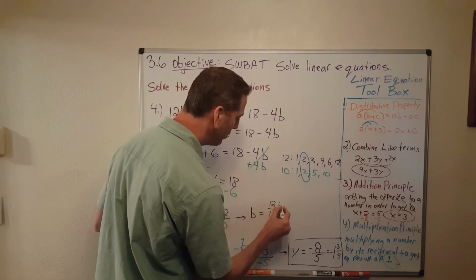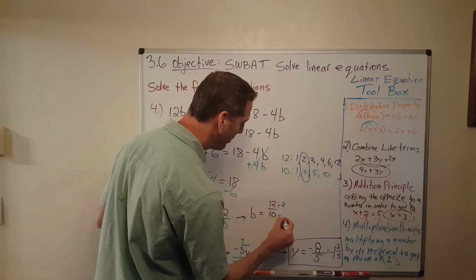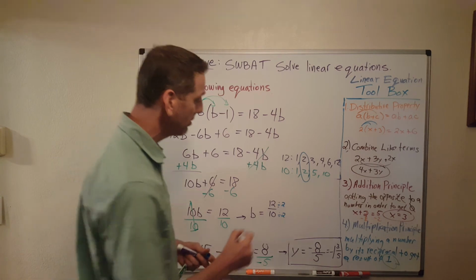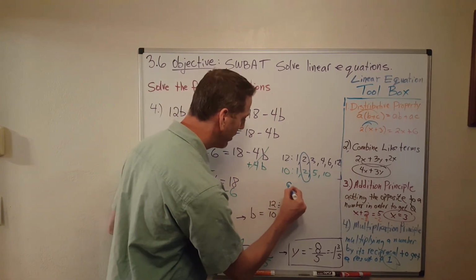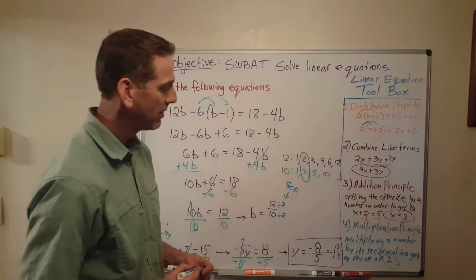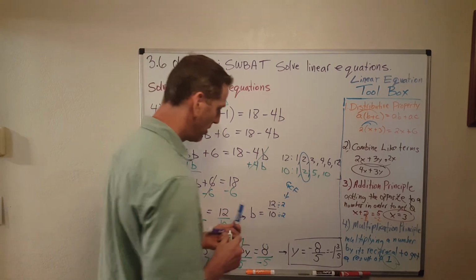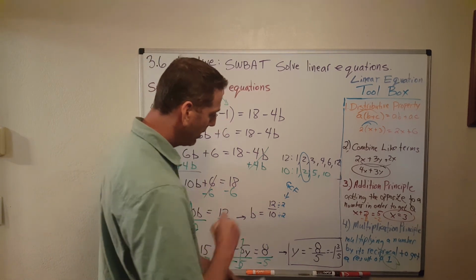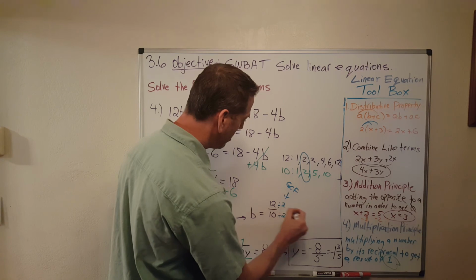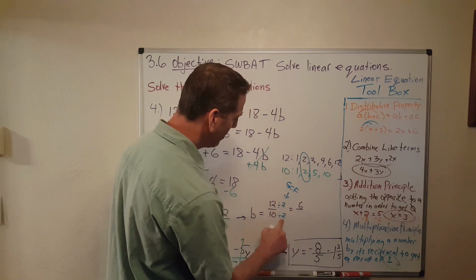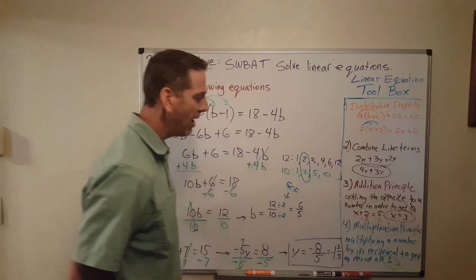So I'm able to divide the top and the bottom by my greatest common factor. That's how I simplify fractions. All right, so I get 12 divided by 2 is 6, and 10 divided by 2 is 5.